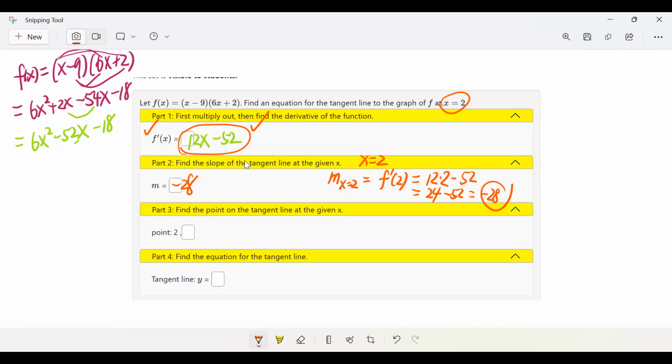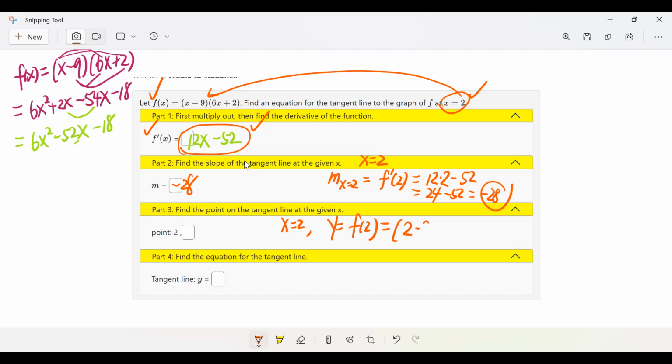And we still need to find the equation of this tangent line, right? So we're given the x value, but the y value comes from the original function. So the third step is, x equal to 2, then the y value equals f of 2. Go back to the original function, replacing x with the 2.